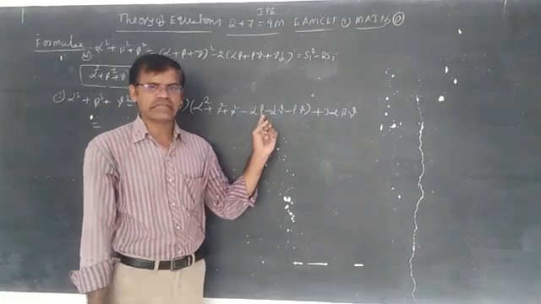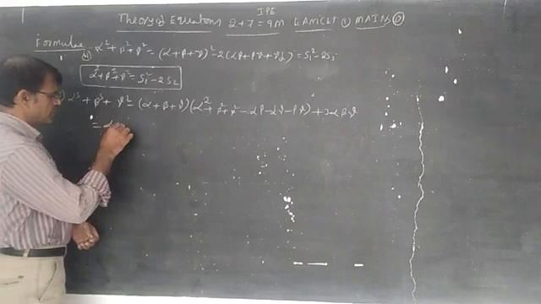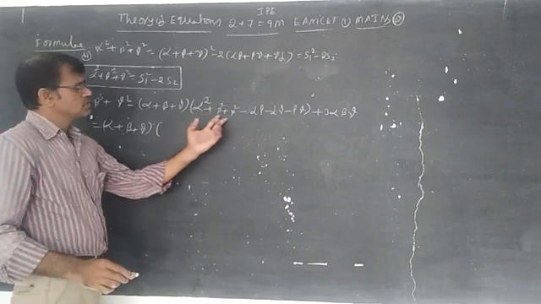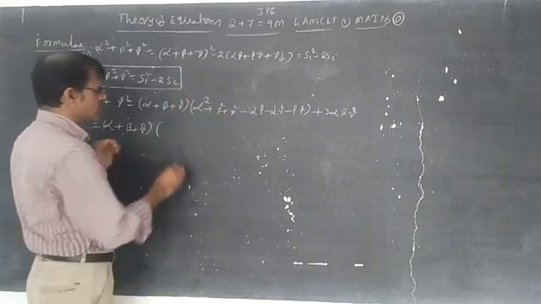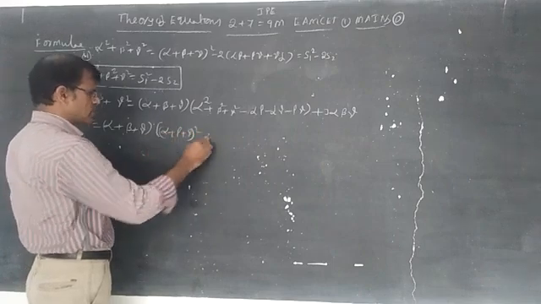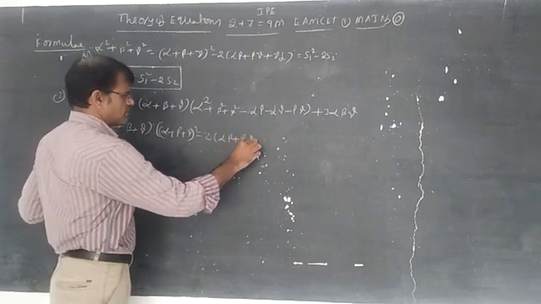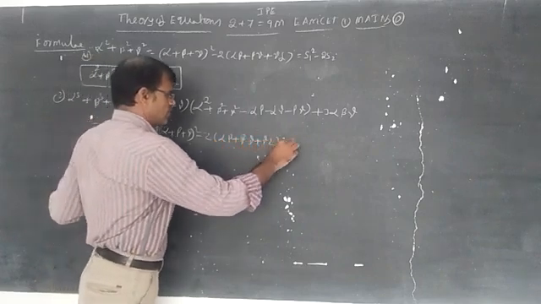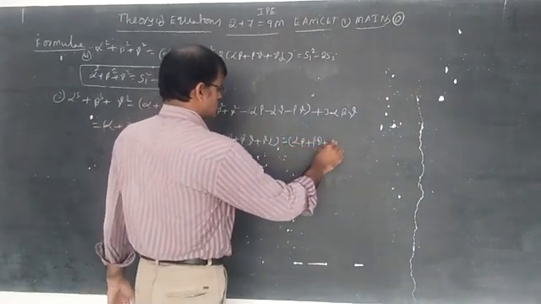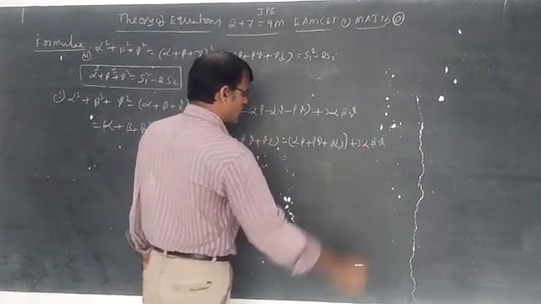I think you have learned the formula in matrices chapter first year itself. Now you can write here, this is alpha plus beta plus gamma into, using this one, alpha square plus beta square plus gamma square, you can write alpha plus beta plus gamma whole square minus 2 of alpha beta plus beta gamma plus gamma alpha, minus of alpha beta plus beta gamma plus gamma alpha, plus 3 alpha beta gamma.